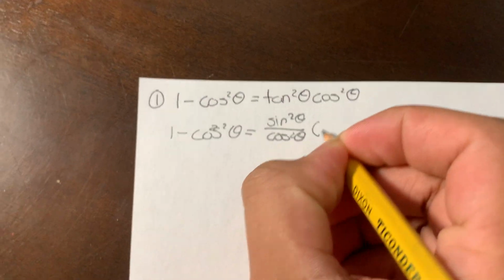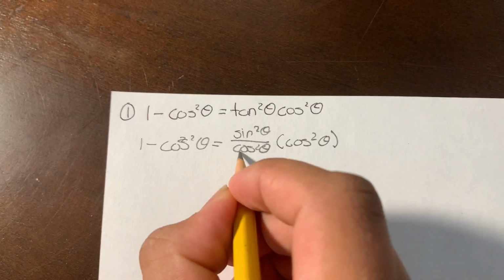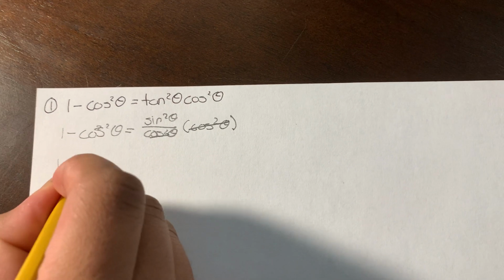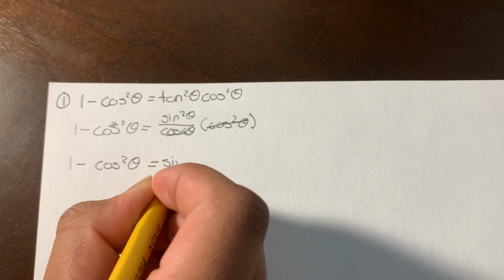We shall have the cosine squared theta left. Now these are going to cancel out and we're left with 1 minus cosine squared theta is equal to sine squared theta.